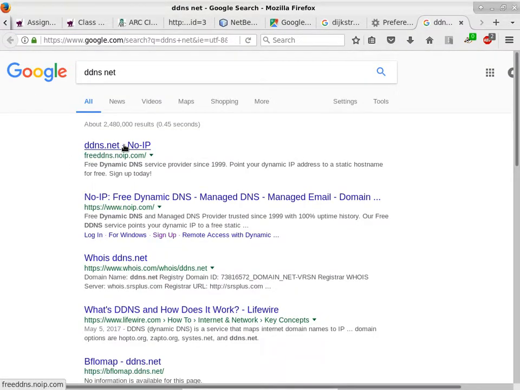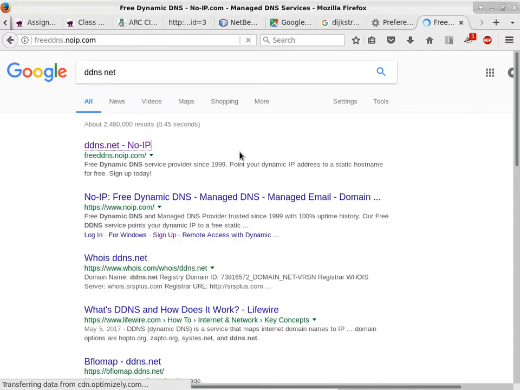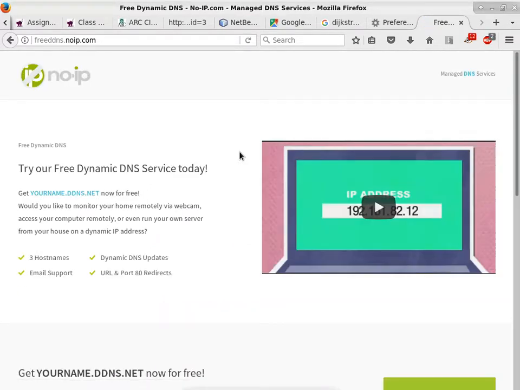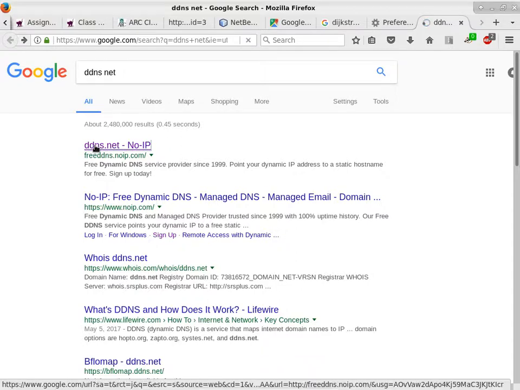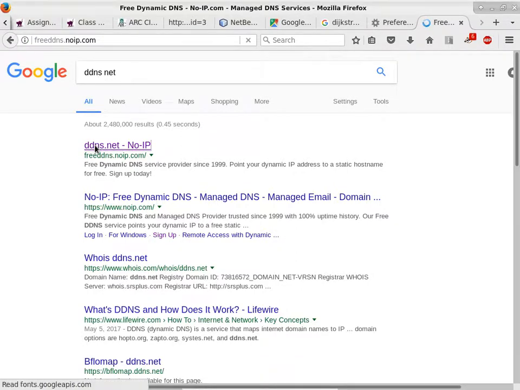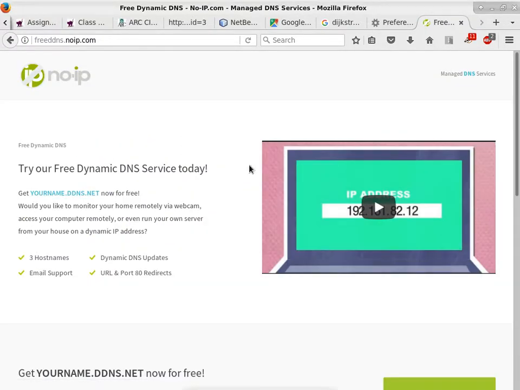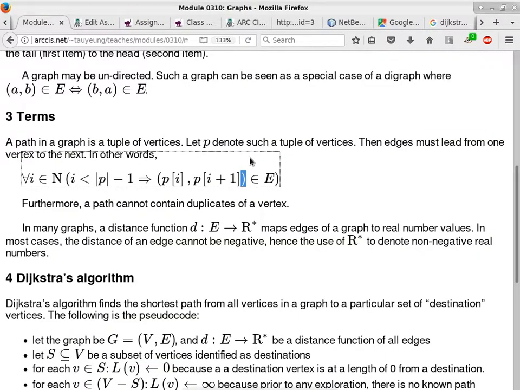Yep, so no IP is not up and running. Dynamic DNS, that's what DDNS stands for. But apparently it is down, so I can't change the notes at this point. That's okay, it's kind of optional.